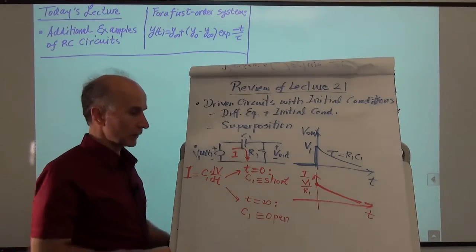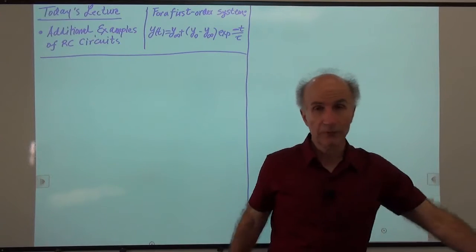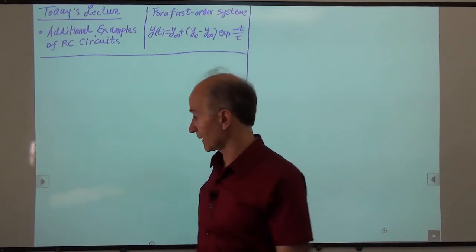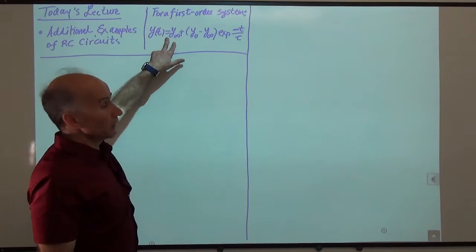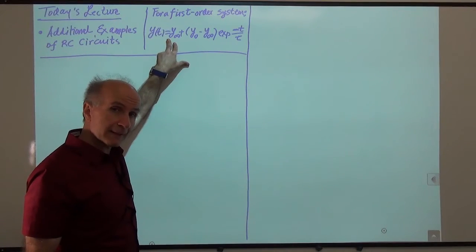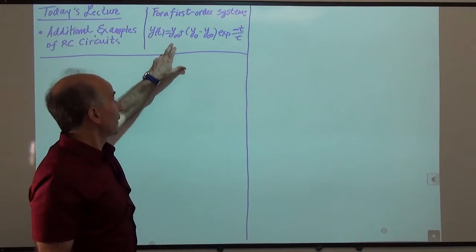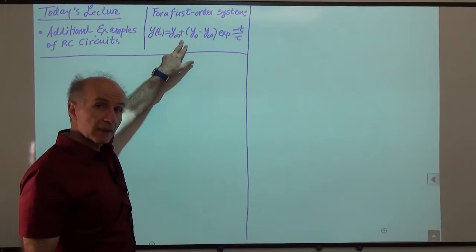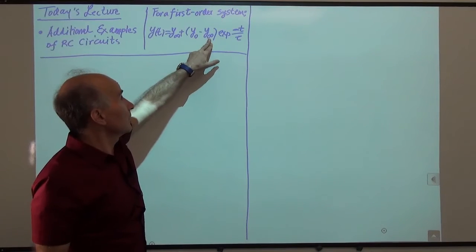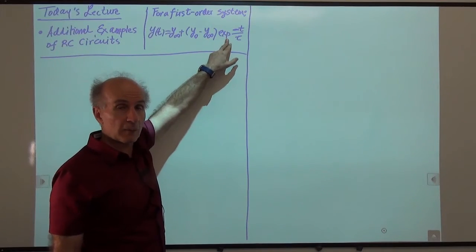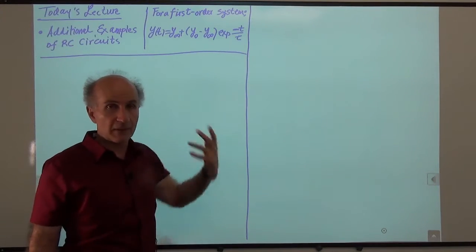All right. So today we will look at another example that I started last time and didn't have time to finish. That's also a very interesting example. And before we go there, I wanted to refresh your memory that in a first order system, the response can be generally written as the response at time infinity plus the response at 0 plus minus the response at infinity times the exponential of minus t over tau, where tau is the time constant of the system.